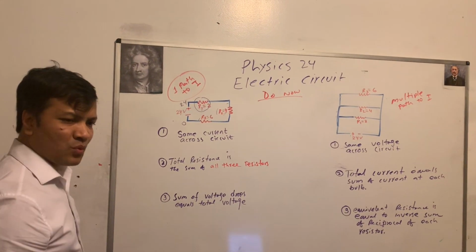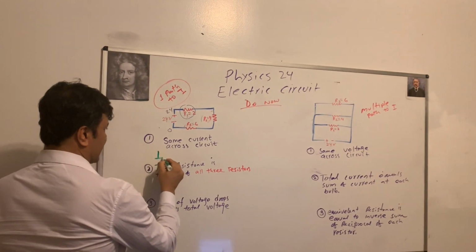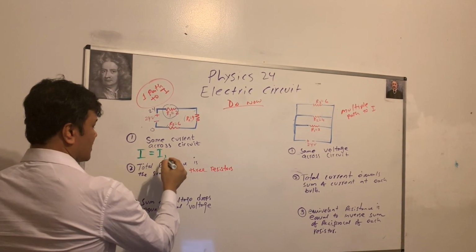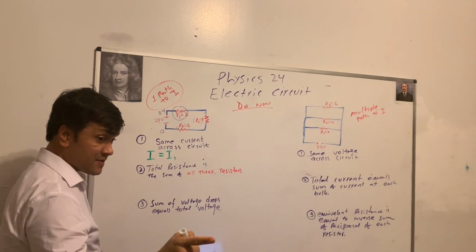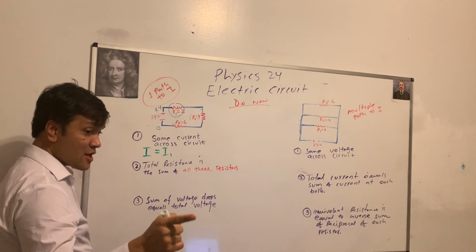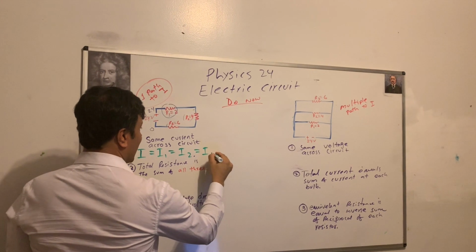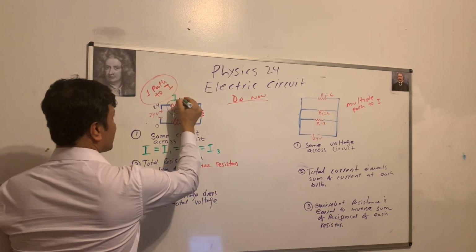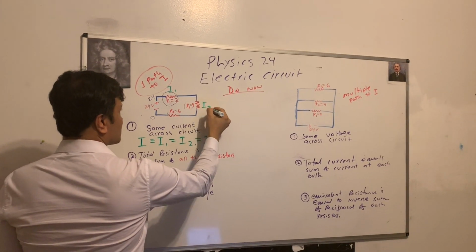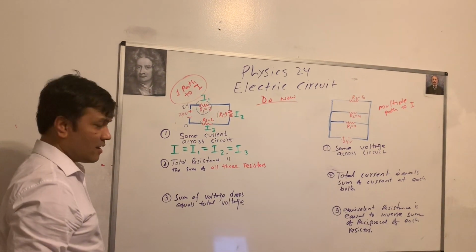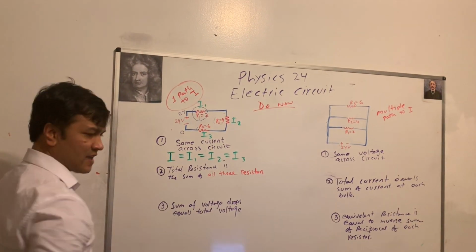Same current means what? I is equal to I1, I1 equals I2, I2 is equal to I3. So I'm going to write I1, I2, and I3. They all are the same. So total current is the same.